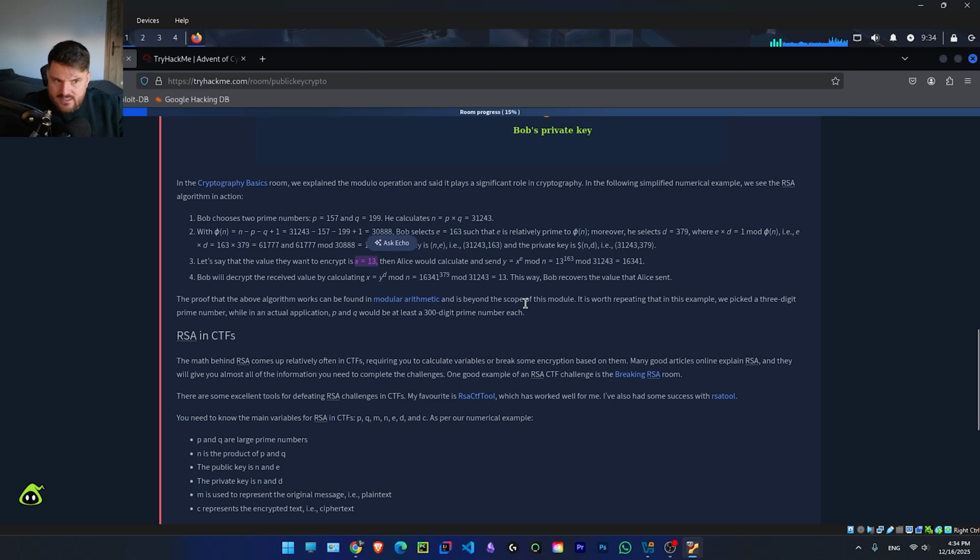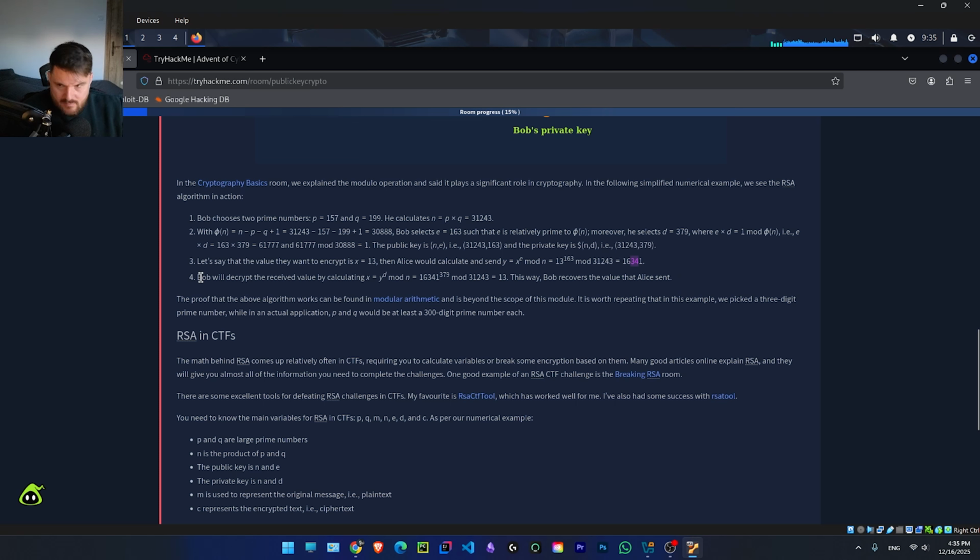If Alice wants to send 13, you can see the math over here: our value to the power of 163, modulo this number, gives this result.